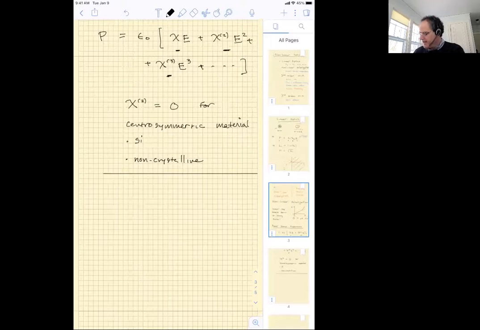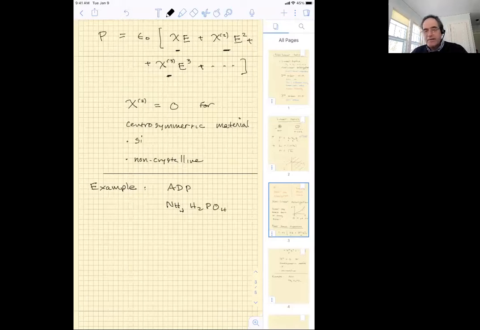Here, let's just talk about an actual material. We'll set it up here and then I'll ask you a reading question about it, okay? So there's a crystalline material called ADP. It's NH4H2PO4.